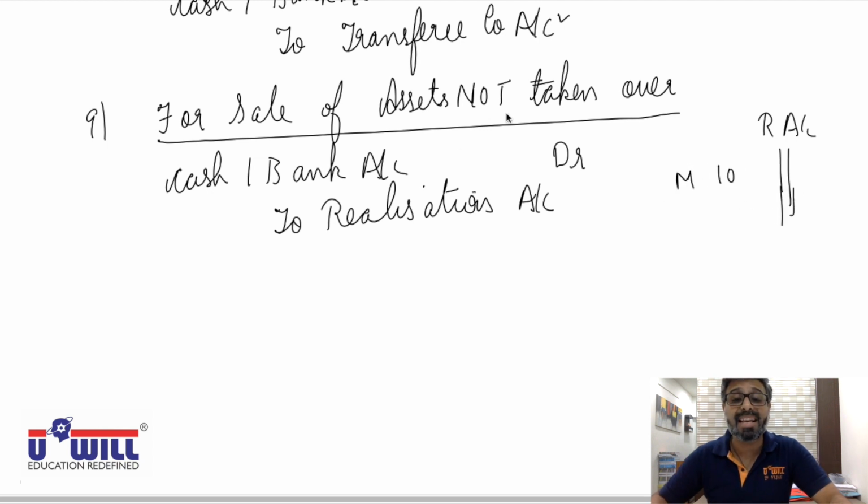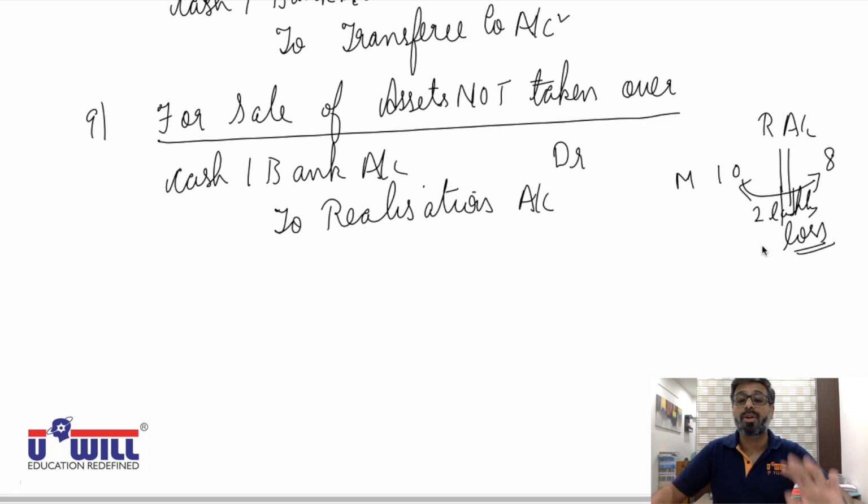Now suppose you sell it for 8 lakhs. So cash and bank to realization. To realization means in realization you'll credit the amount with rupees 8 lakhs. So automatically this difference of 2 lakhs remaining in the debit side represents the loss of the company. We don't have to record it separately. It automatically represents the loss of the company.